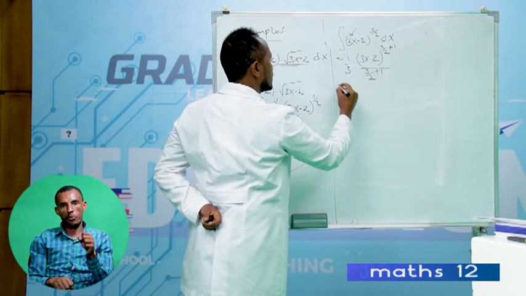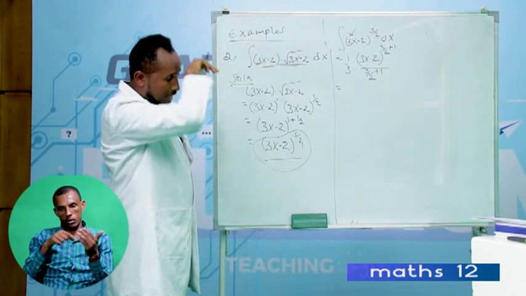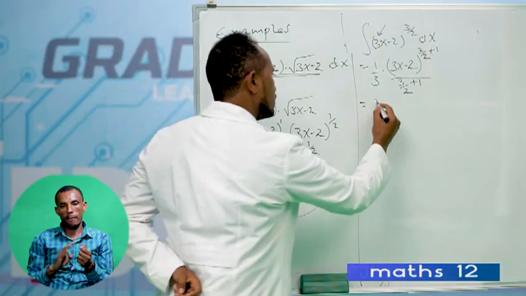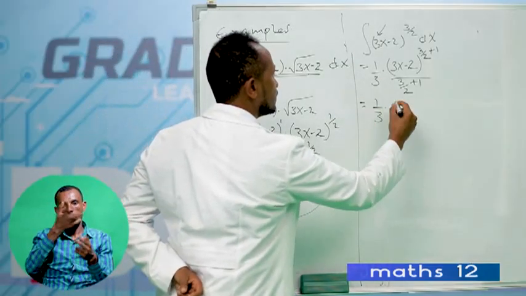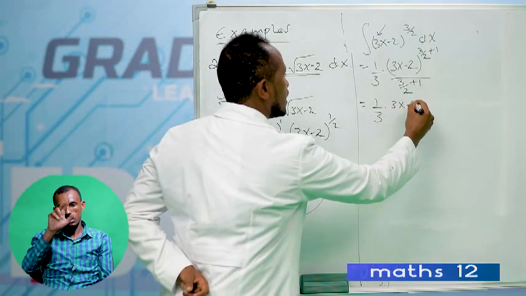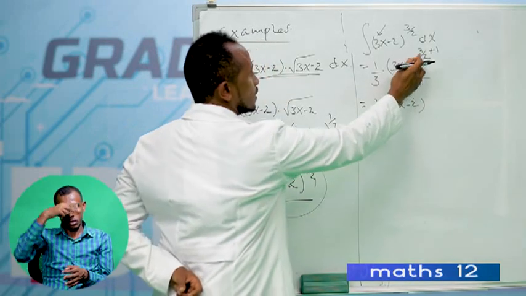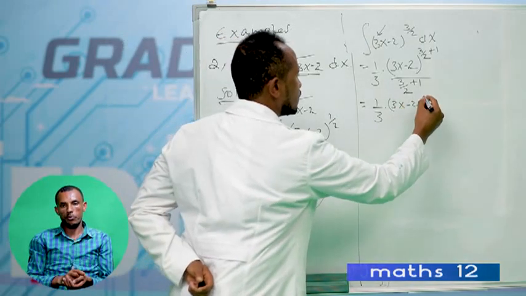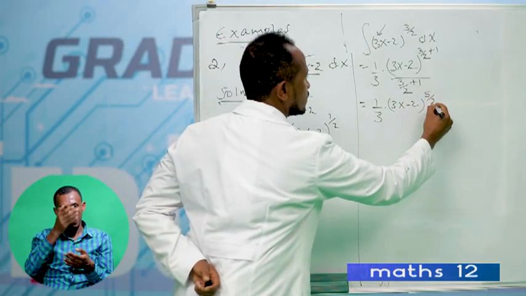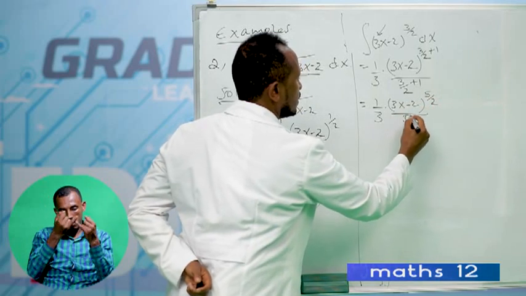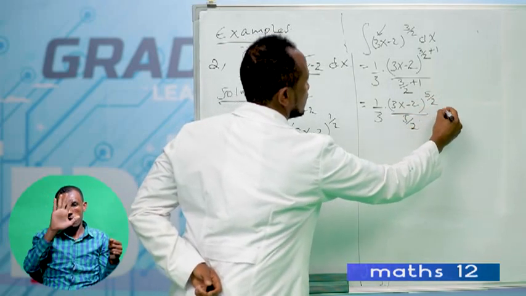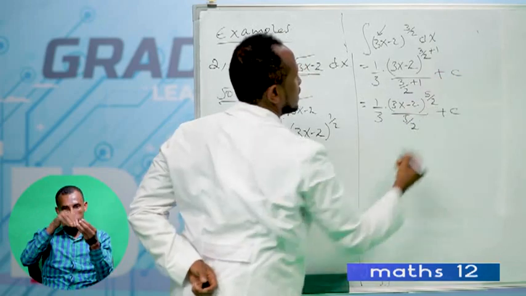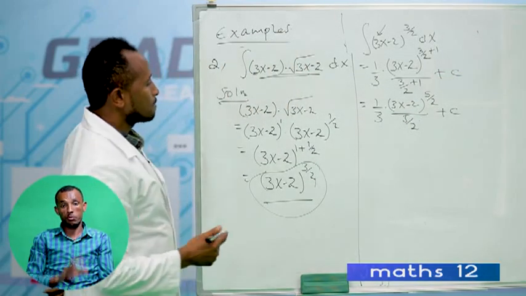So that's it. Therefore, this becomes 1 over 3 times (3x - 2)^(3/2 + 1), which is 5/2, divided by 5/2, plus c here. Don't forget the integration constant.